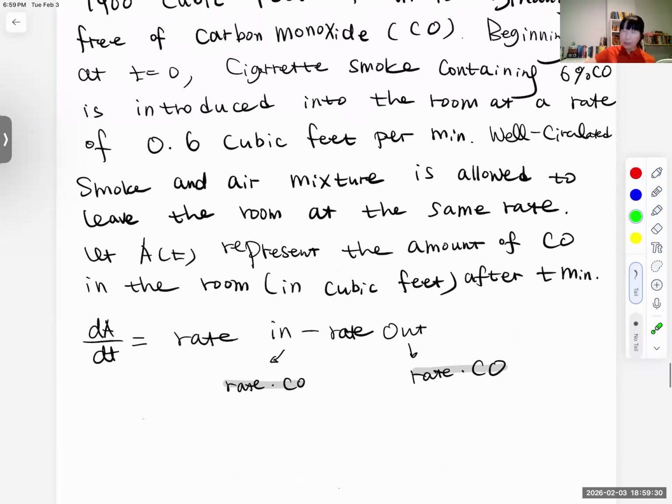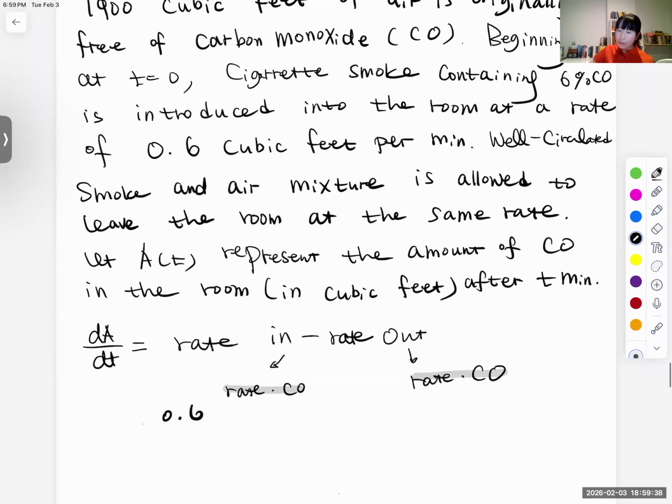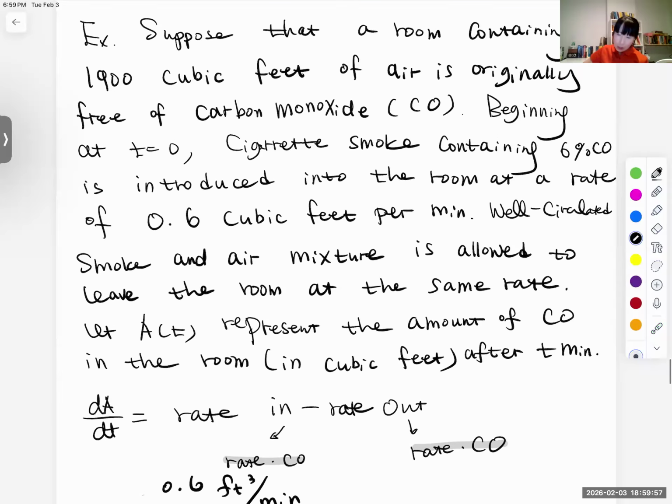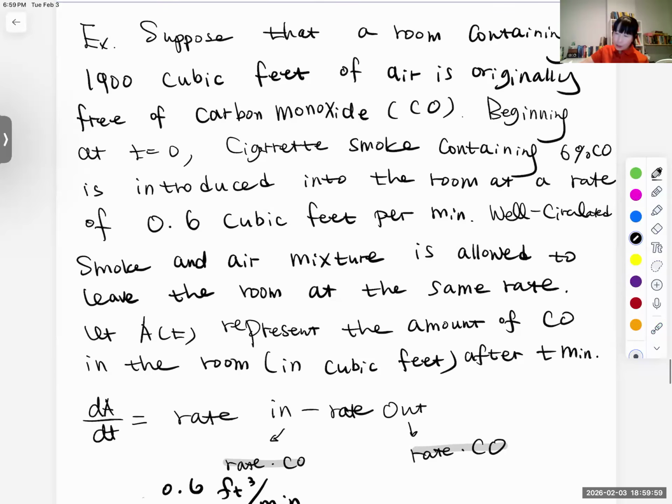Okay, let's do that. So rate in will be 0.6 cubic feet per minute, and times carbon monoxide will be how much? 0.06, right?